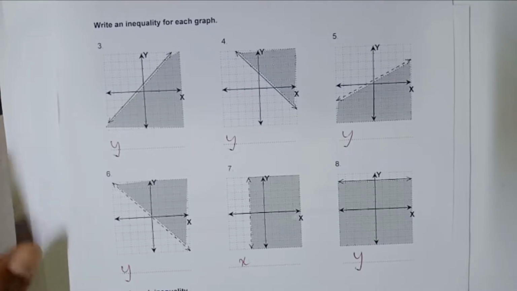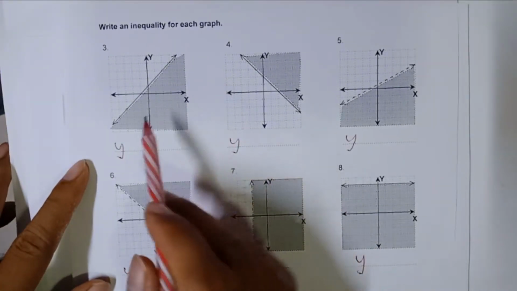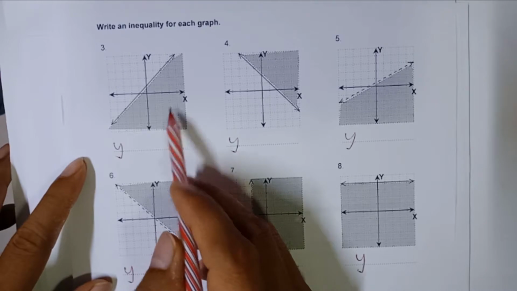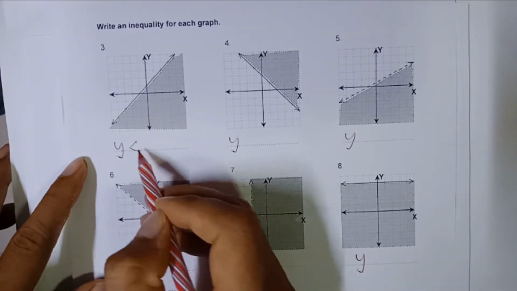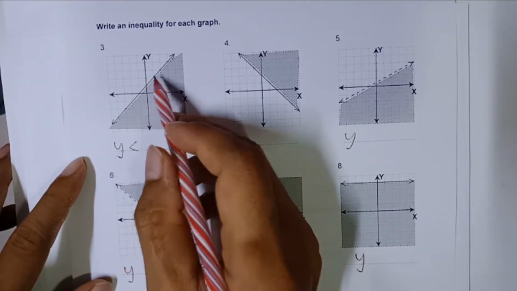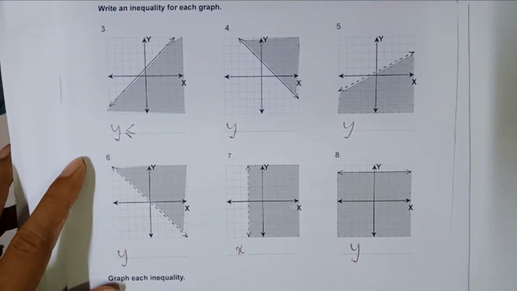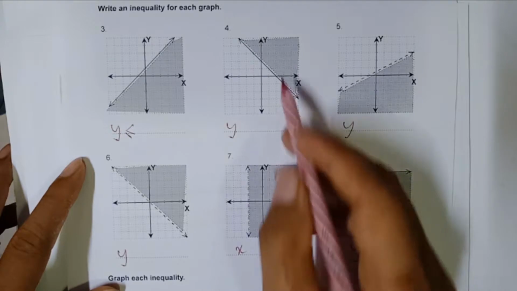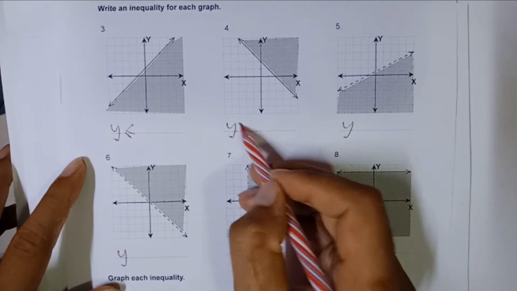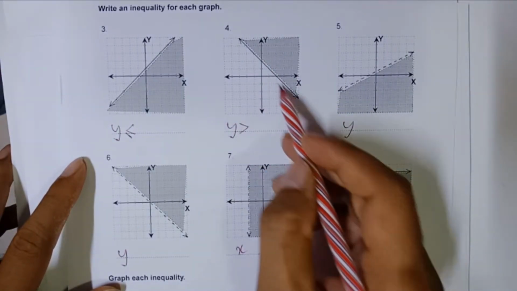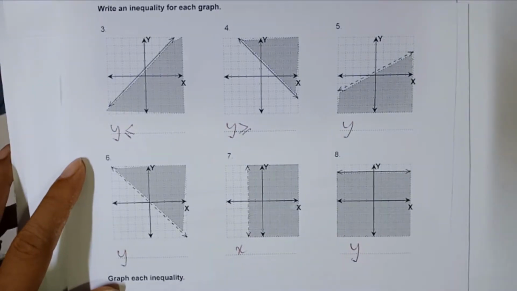Now, work on the sign. Since this is below the line, it's going to be lesser than, and since it's a solid line, it's going to be or equal to, like this. This is above the line, so it's going to be greater than, and since it's a solid line, or equal to.